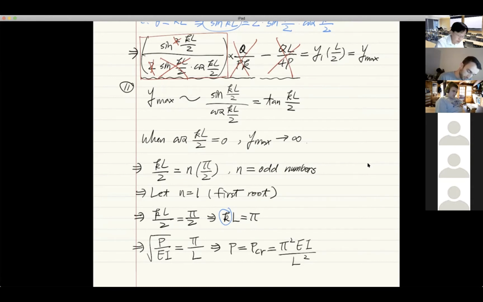So this is why, in your steel structures, you are provided with the expression pi squared EI over L squared. That's because of all these calculations that I just did. So this is the critical load.